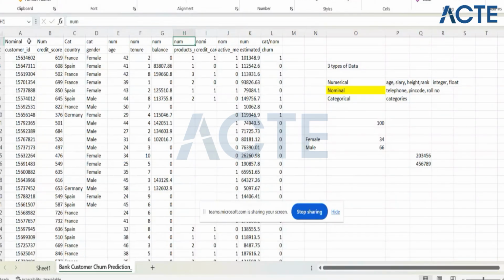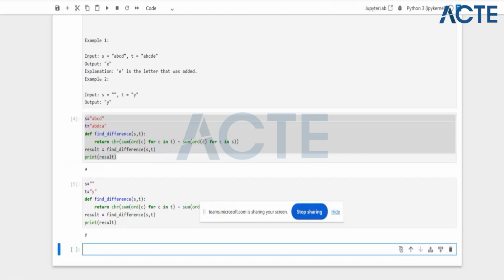Understood? So this is all about the different data types, right? Any problem so far? No, sir. Okay, that's it about the data types.